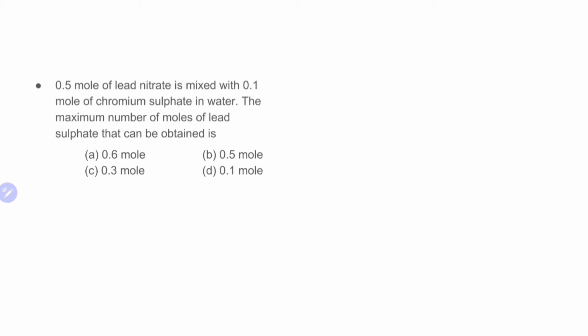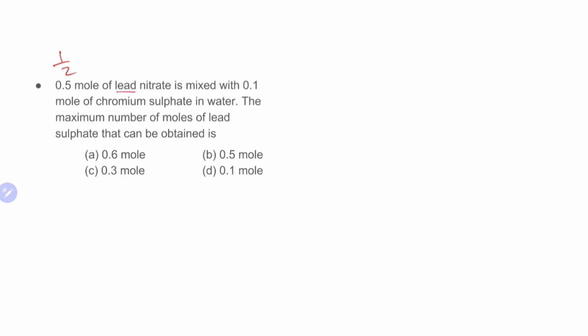Here we have a question: 0.5 mole, half a mole, of lead nitrate is mixed with 0.1 mole of chromium sulfate in water. The maximum number of moles of lead sulfate that can be obtained is, so there is a reaction here.